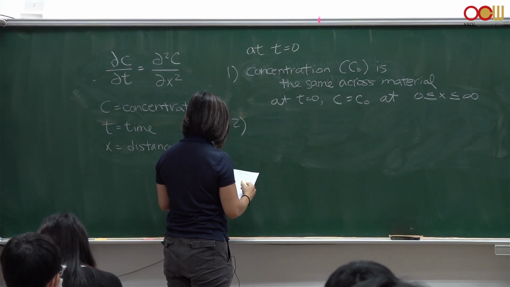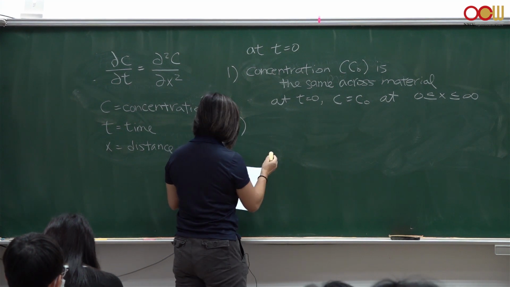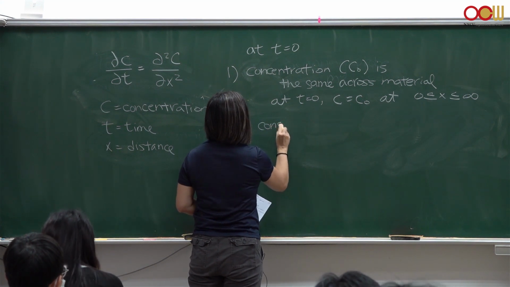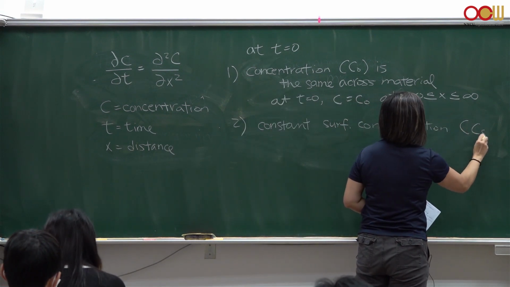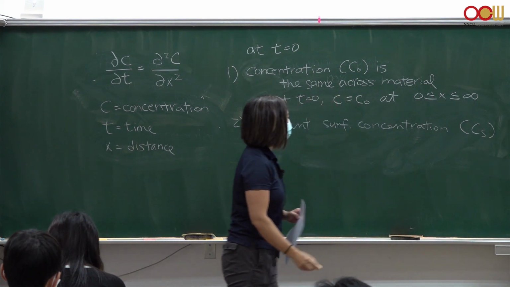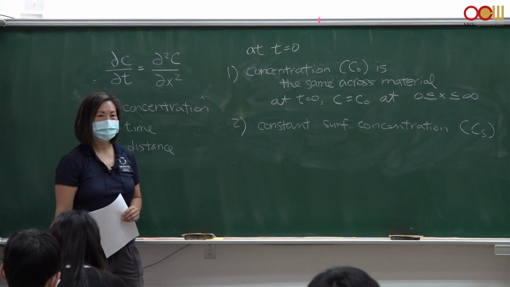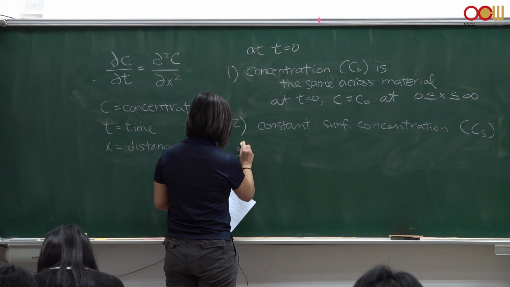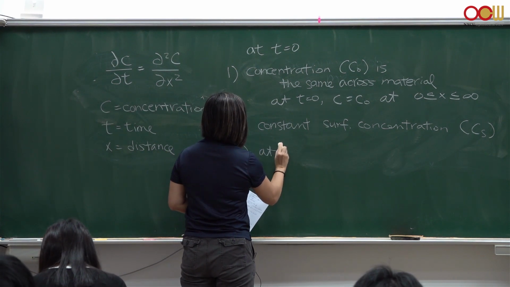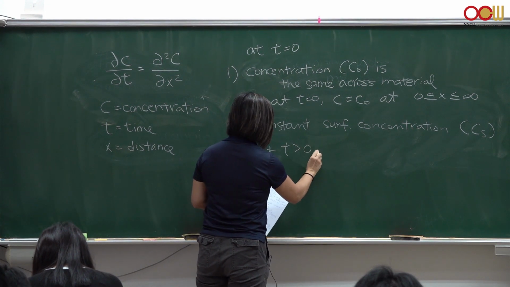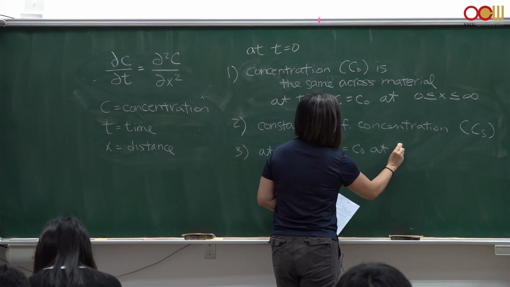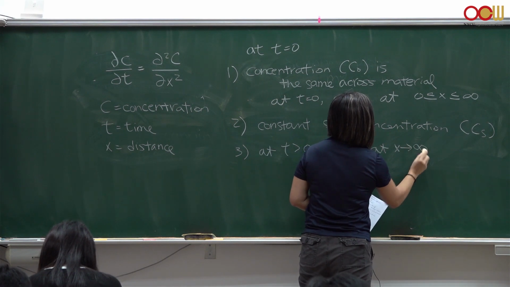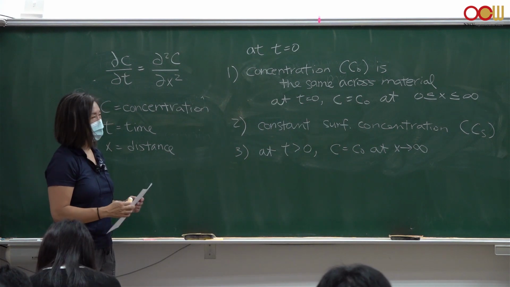Condition 2 is that you have a constant surface concentration, CS. So the surface concentration is constant, it doesn't change. And the third one is that at T greater than 0, C equals C0 at x approaching infinity.